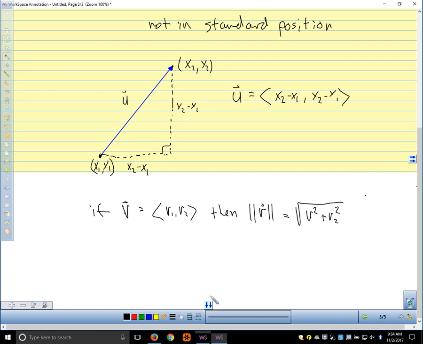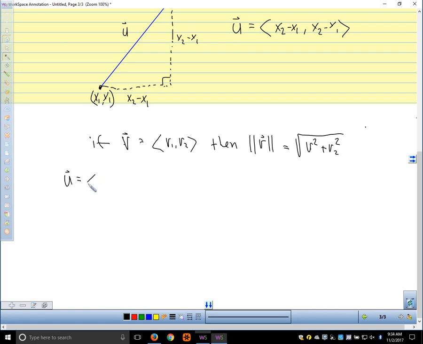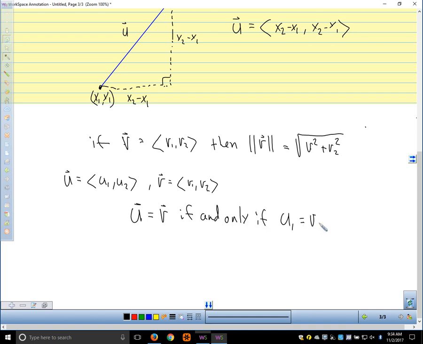And in component form, it's very easy to see if vectors are equivalent. So I'm going to say u is in component form u1, u2, and v is v1, v2. u equals v if and only if u1 equals v1 and u2 equals v2.